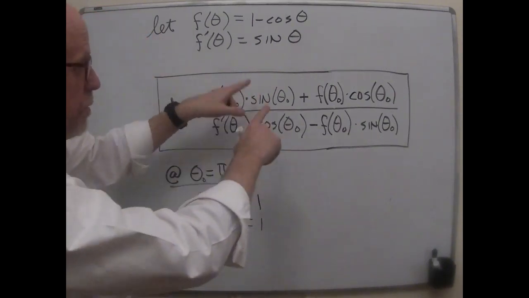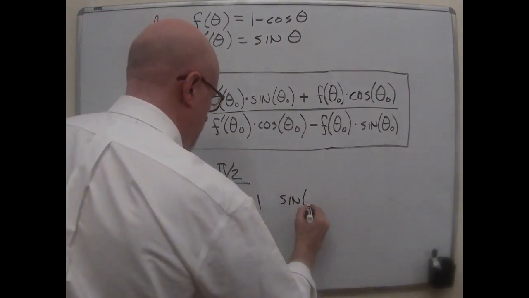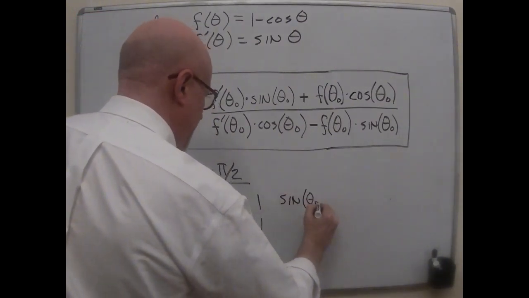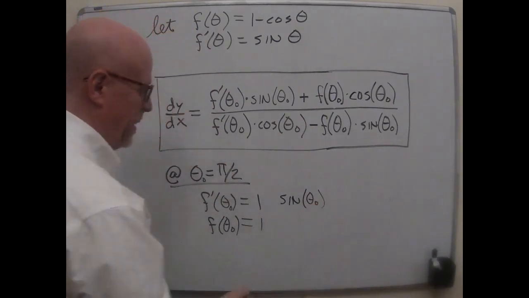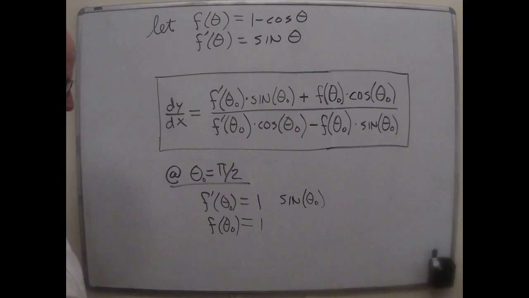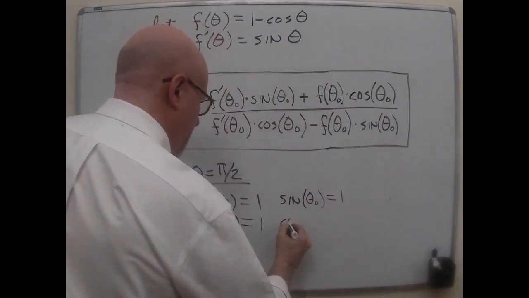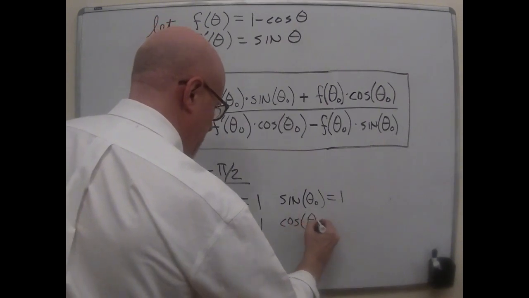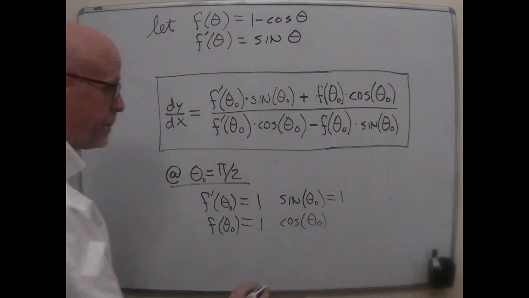And what about the trig functions themselves? Sine of theta naught. I keep writing theta, I should probably just be writing pi over 2. But anyway, sine of pi over 2, that's 1. And the cosine of pi over 2, or theta naught, as I seem to be fond of calling it, that's 0.